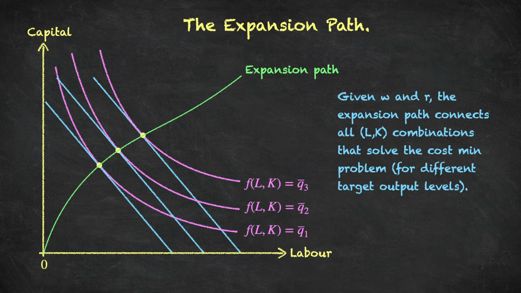Let's do a parametric example now on paper and derive the expansion path for the Cobb-Douglas long-run production function.